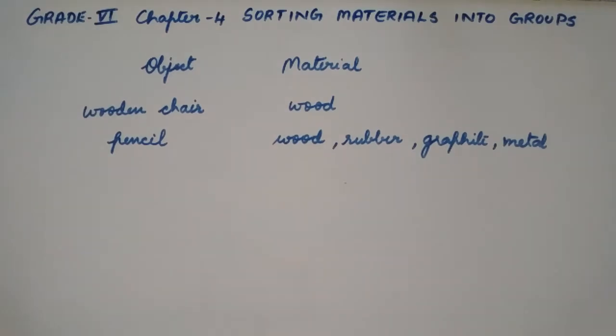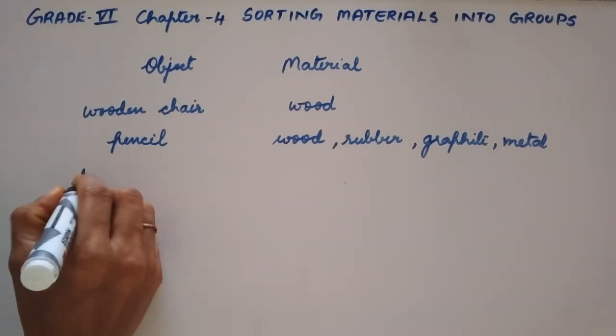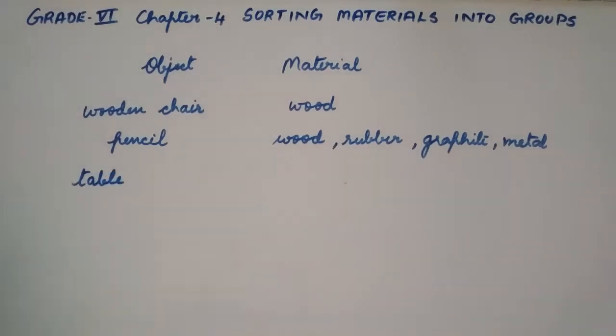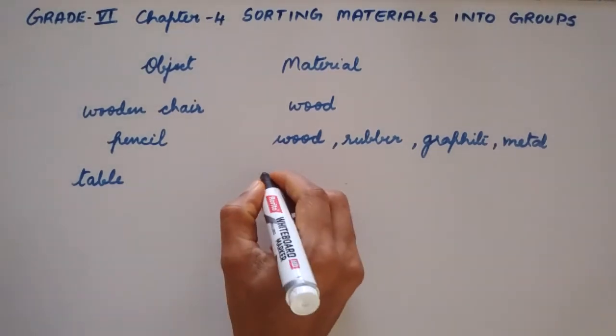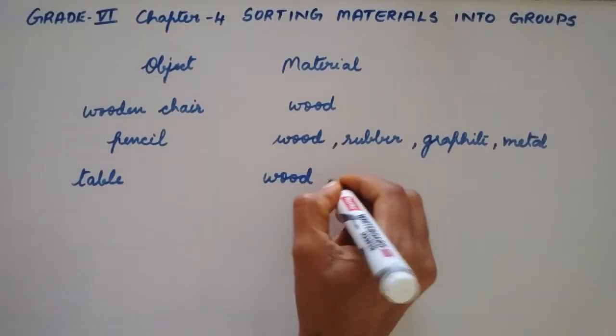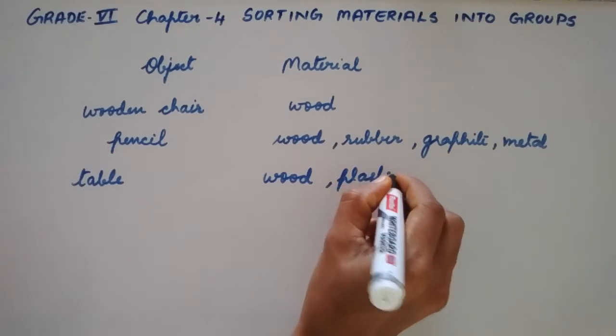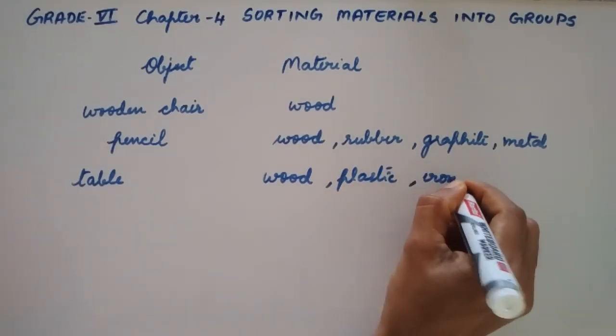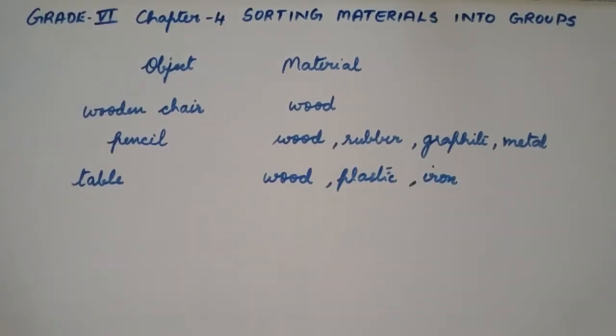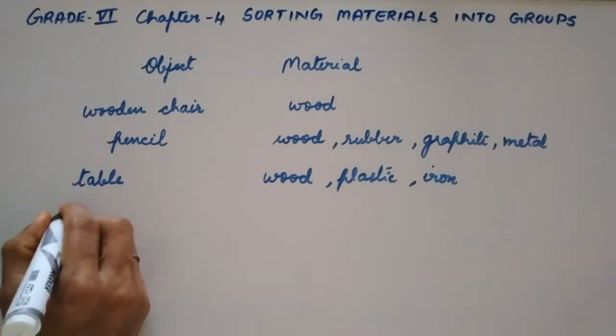Next, an object could be made up of a large number of materials. For example, table. A table is an object which could be made up of wood, plastic or iron, and also utensils.